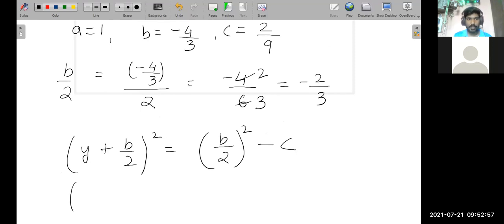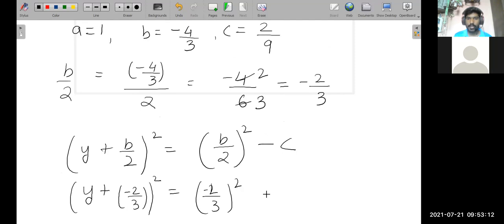So this will be (y + b/2), which is −2/3, whole square, is equal to, same thing here, (−2/3) whole square minus c, which is 2 upon 9.